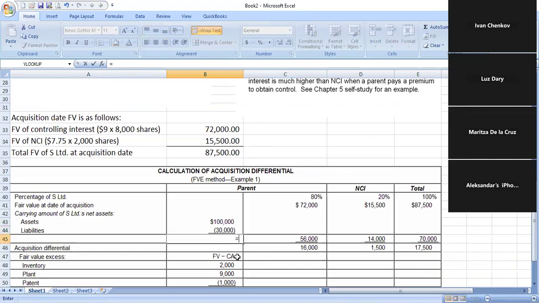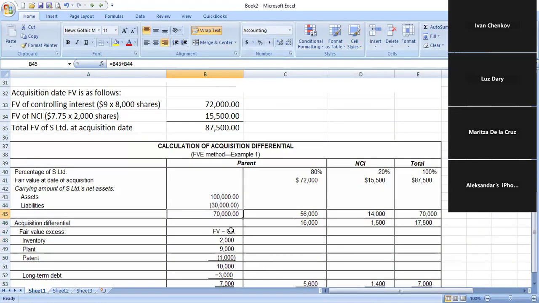That's going to give us a total of 70,000. Right? So we got that 70,000.